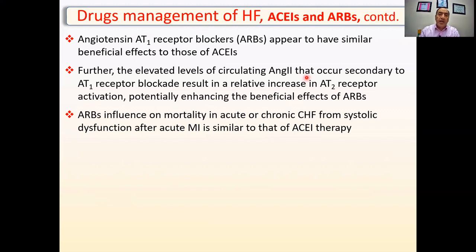AT2 receptors counteract the effects of AT1 receptors. So they are good in terms of treatment of heart failure patients. This adds more advantage to the use of angiotensin receptor blockers. Their influence on mortality is similar to the ACE inhibitors.